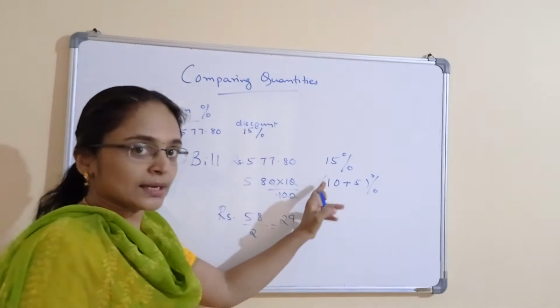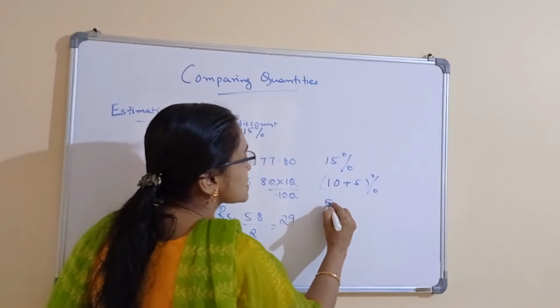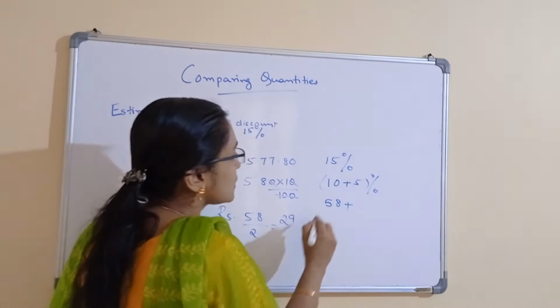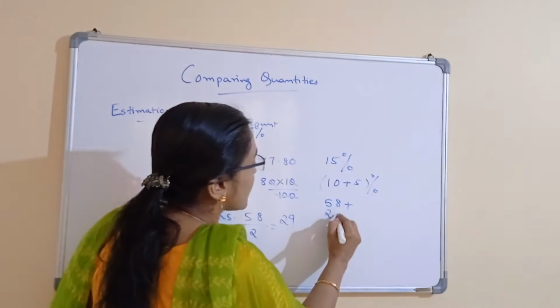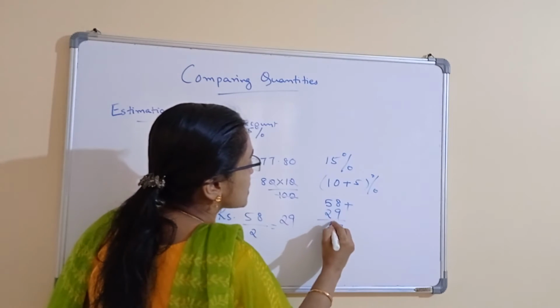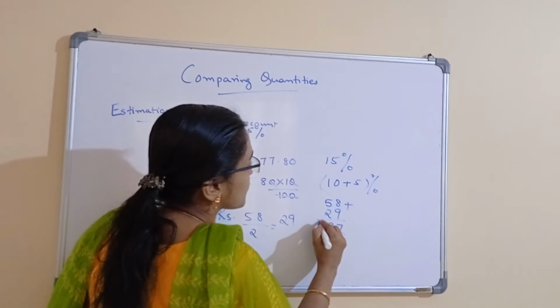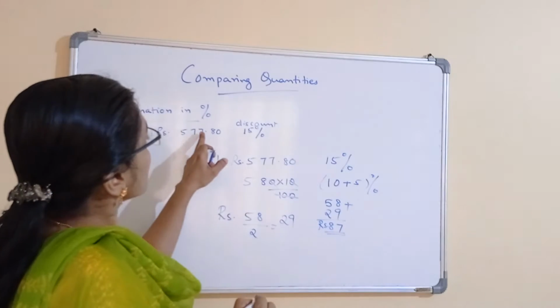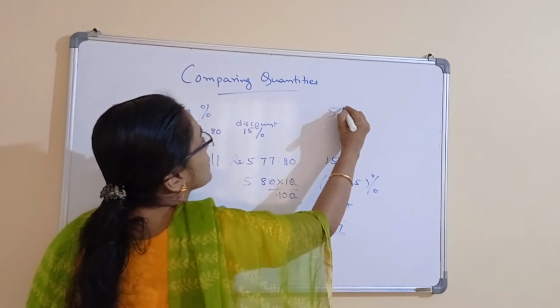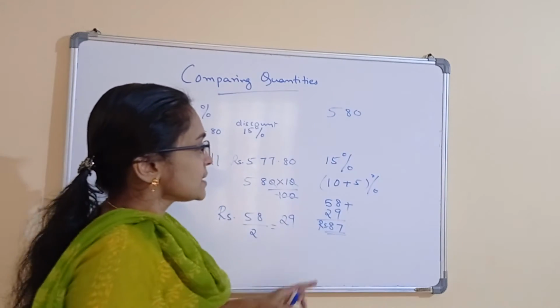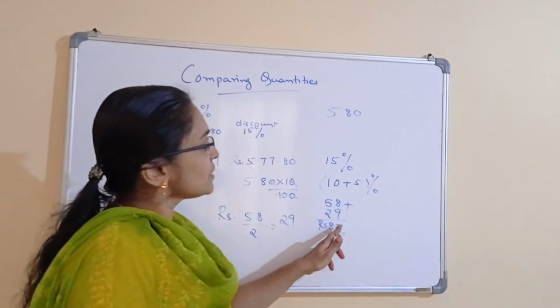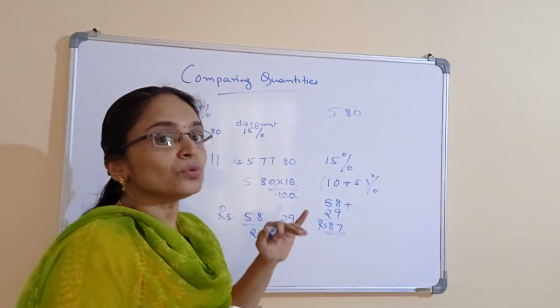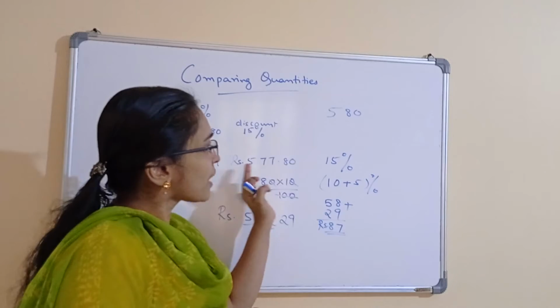And you have to add this. So 10% is 58 and 5% is 29. So 87 rupees you will get a discount on this. Now you can take this as 580 and 87 rupees you can round it off to 85 because this you have increased.